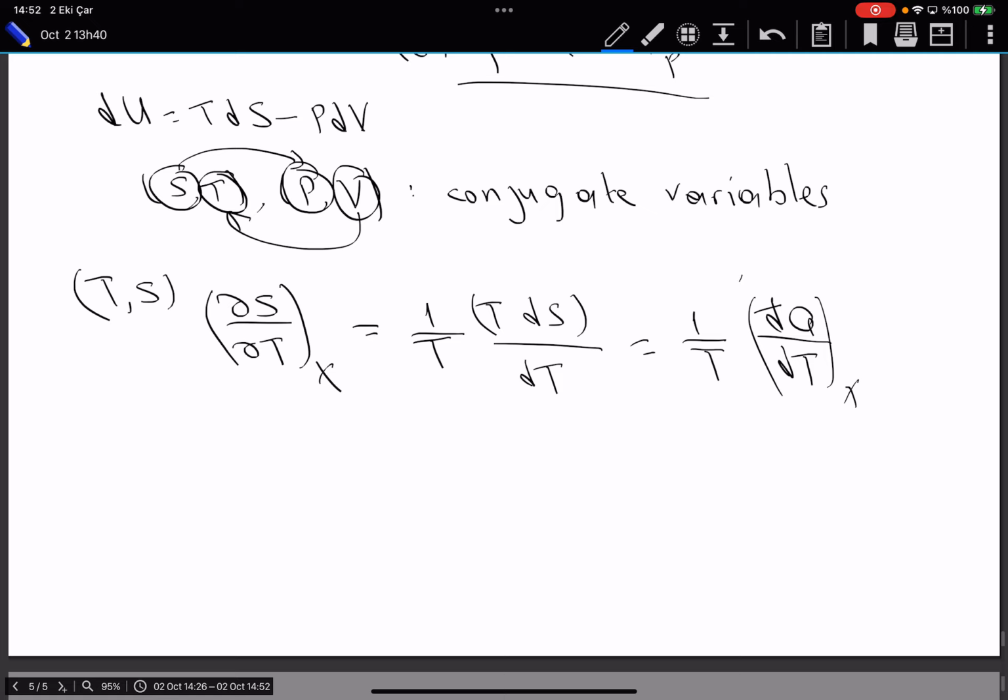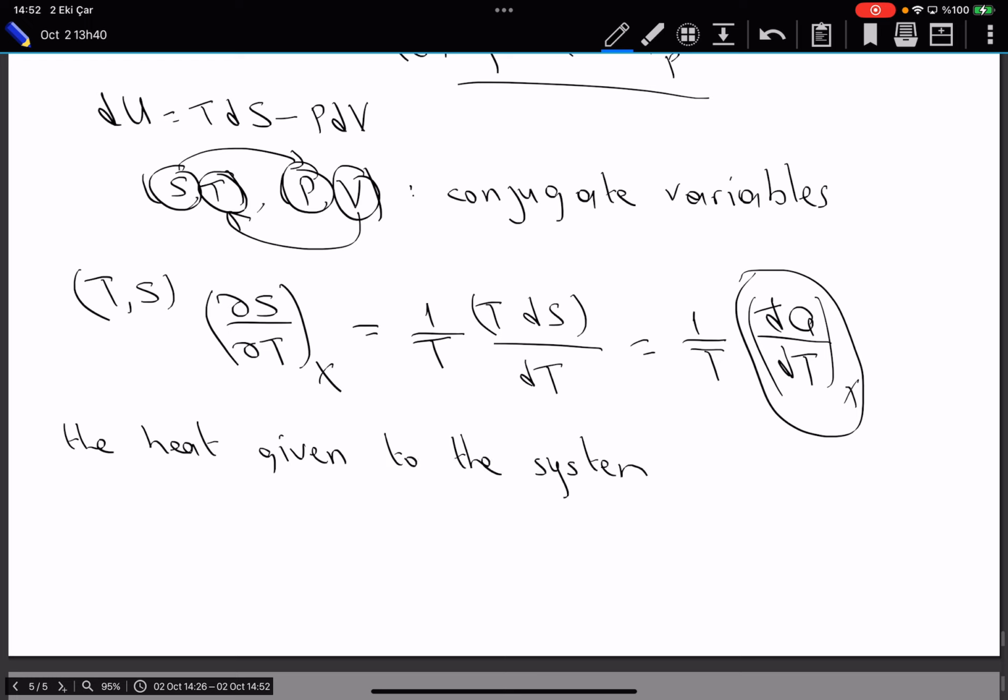Well, what is this? It is the ratio, in fact, of the heat given to the system to increase its temperature by 1 unit.